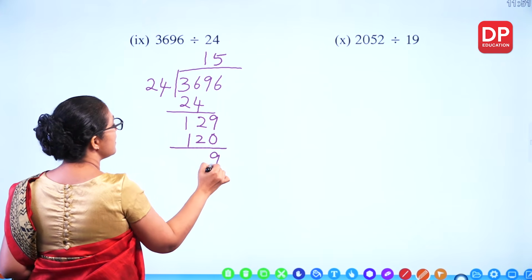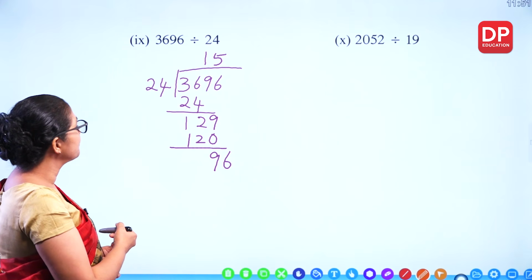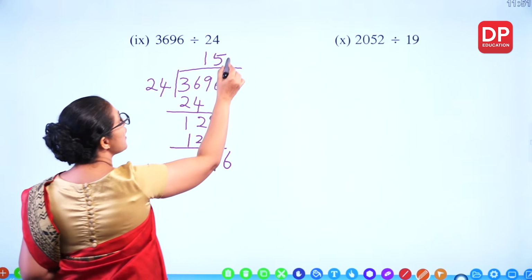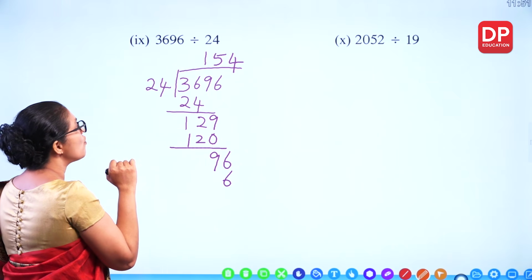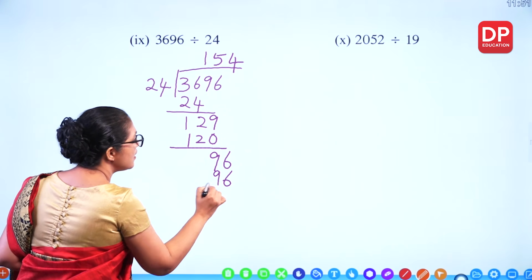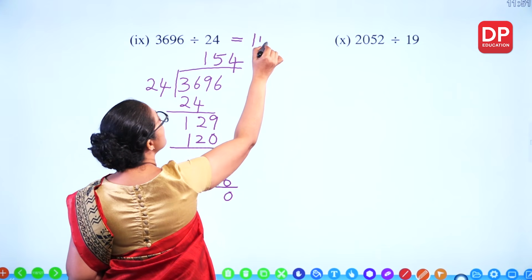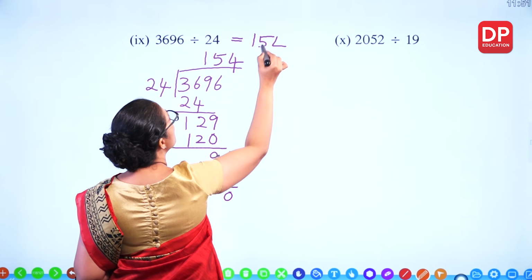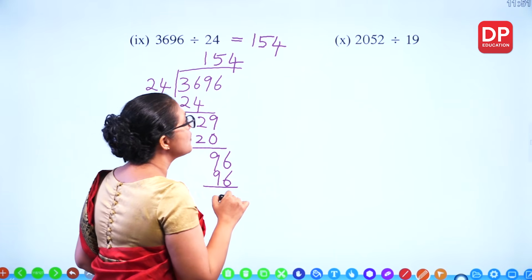So you get 9 here. So for 96, how many 24s? 4. 4 times 4, 16. 1 remaining. 4 times 2, 8 plus 1, 9. So the remainder is 0. So here the answer is 154. Remainder 0.